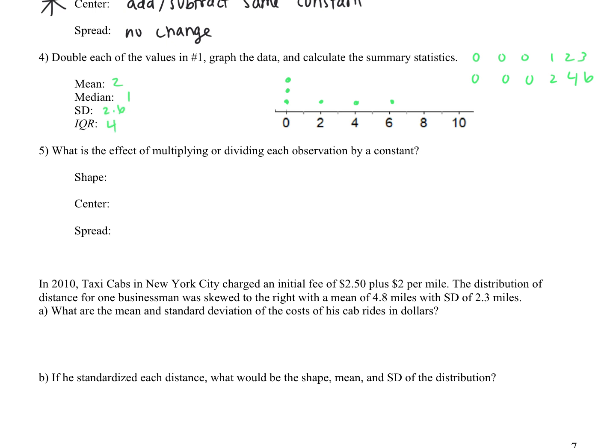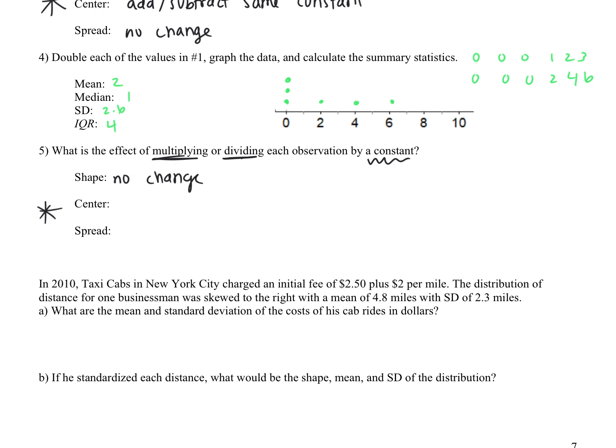Now, it should not be a shock that the spread changed when we look at the graph, right? The graph got wider. It got less consistent. So what that's leading us to, again, is what happens if we are multiplying or dividing by a constant. Well, the shape is still the same, right? It's more spread out, but our initial distribution was skewed right.